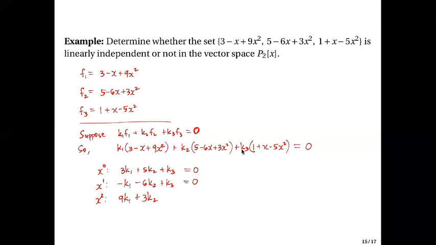And then here you have k3 times negative 5x squared. You just need the coefficient, negative 5 times k3, so minus 5k3 equals 0. Following so far?